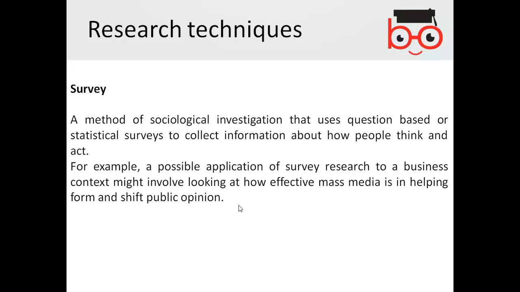Let's say, for example, you want to survey which mobile phone is good. Then perhaps you could ask questions of 100 people and they will come up with their own opinion, and further the question arises of what type of questions you will be using. You could use closed-ended questions or open-ended questions. It really depends. Further, we will be discussing in detail each of the techniques that you need to adopt for your research.